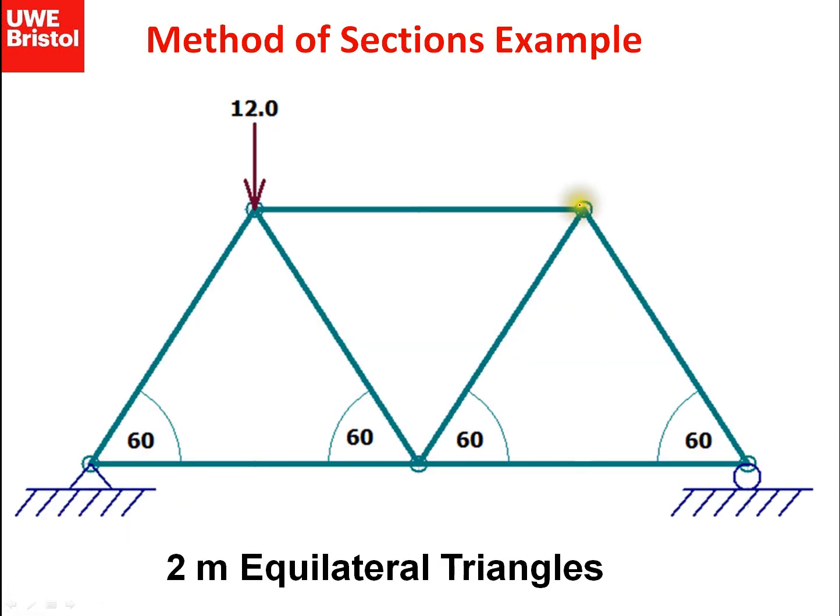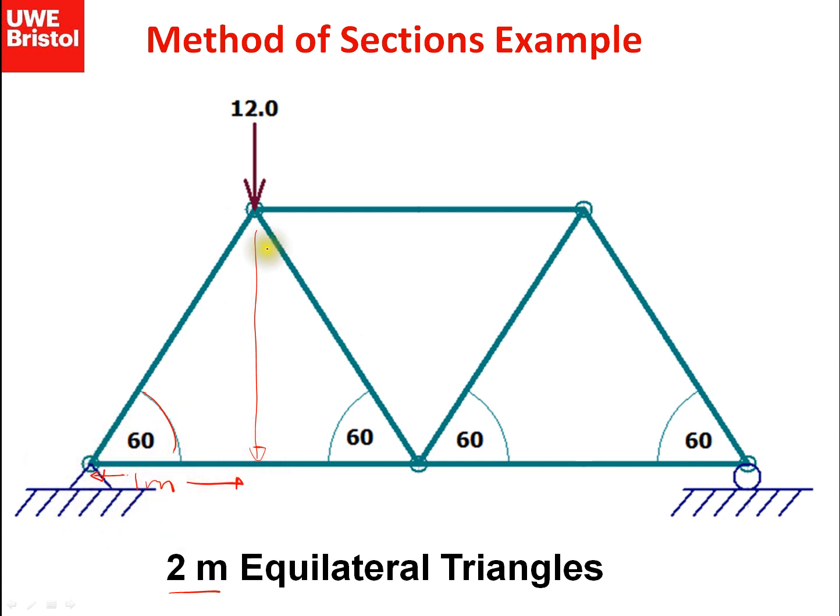So here's my example. A nice framework. Can use 2 meter equilateral triangles, which means we end up with 60 degrees. And apply 12 newtons down here. So that means that the distance from here to here is going to be 1 meter.